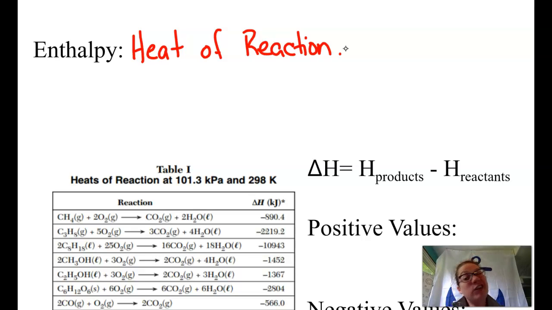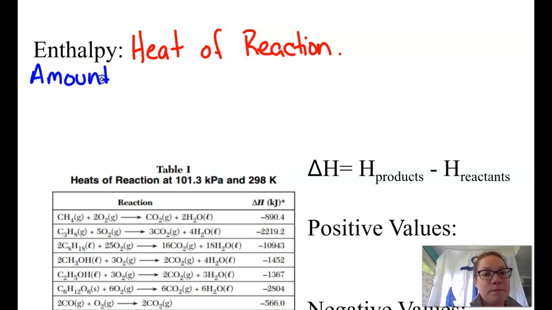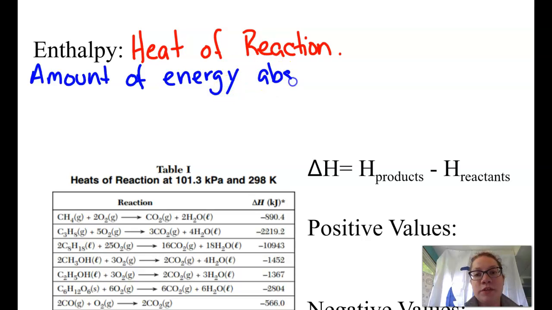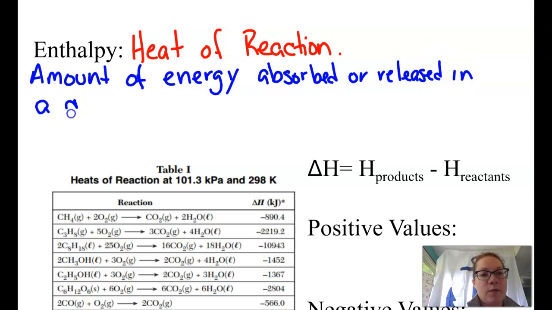That's not really a definition, but we say that the heat of the reaction is the amount of energy absorbed or released in a chemical reaction.